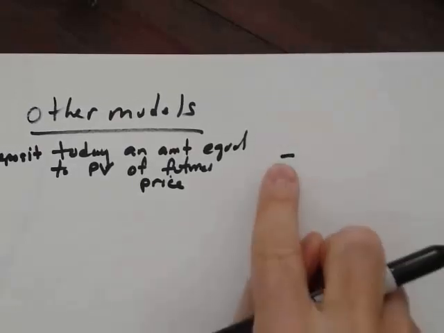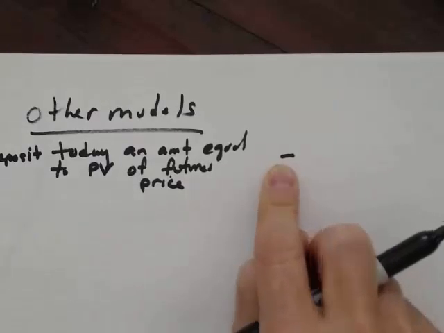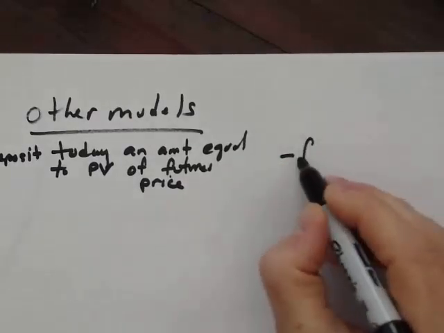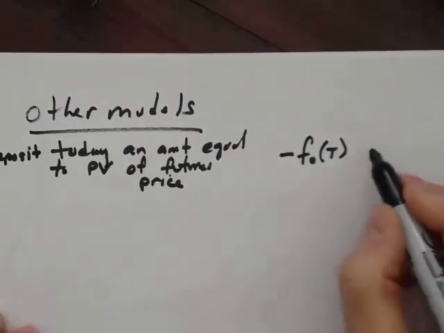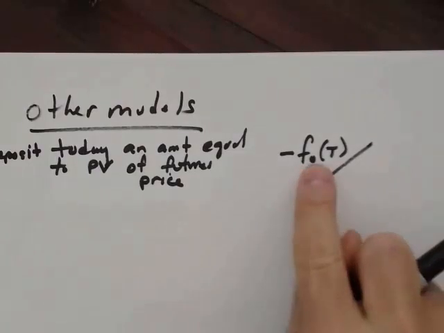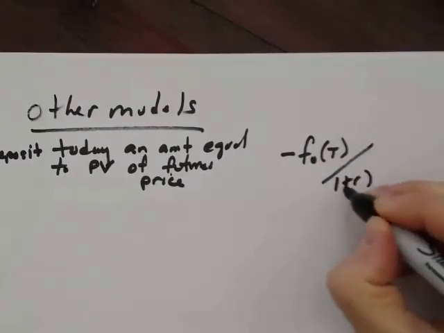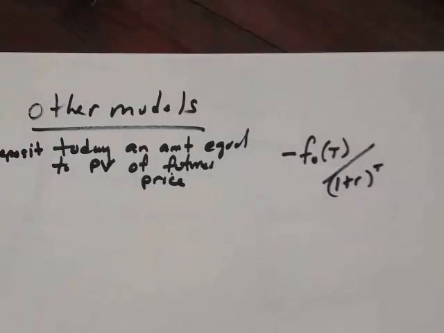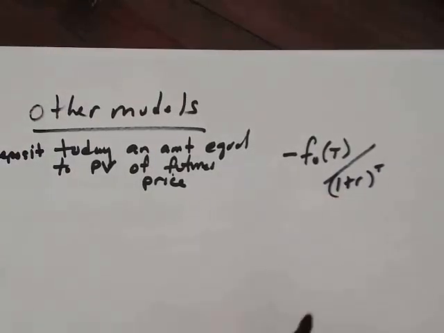Depositing means we're giving money up, taking it out of our pocket and putting it in some account somewhere. How much we're going to put in there is not the futures price that we're going to have to pay at time T, but we need to calculate the present value. What is it worth today? And so we're going to deposit this amount into an account.